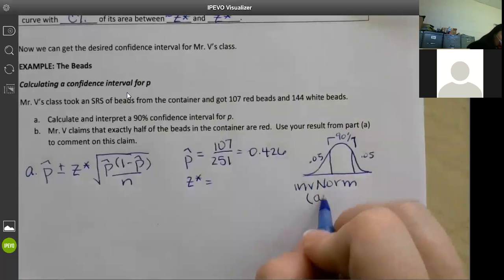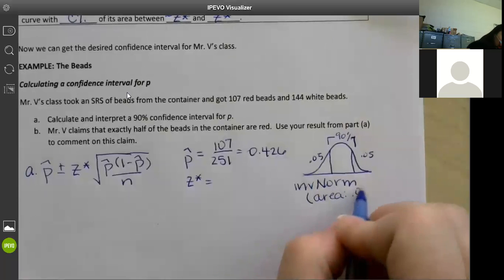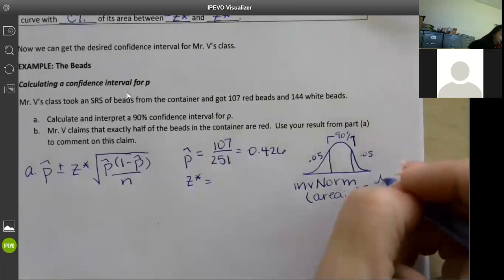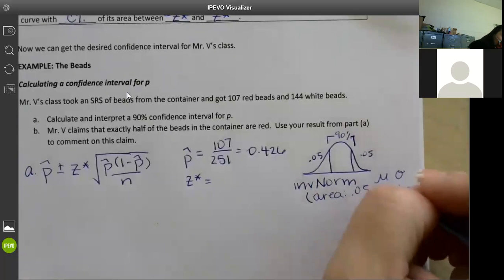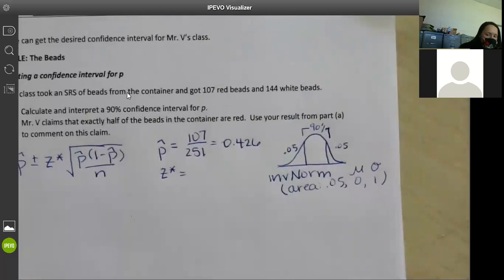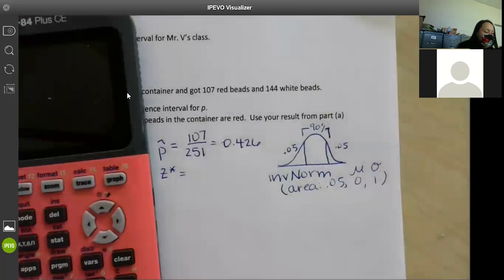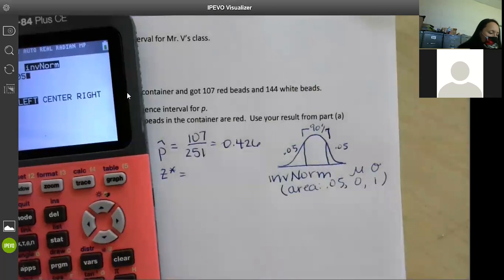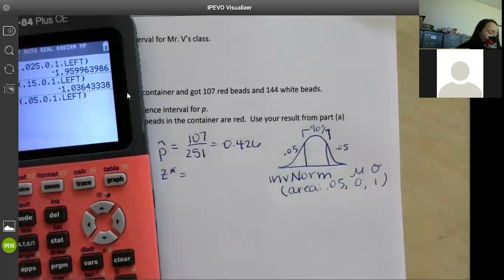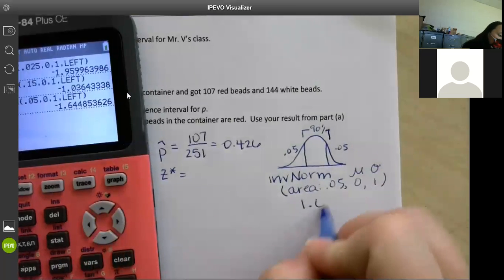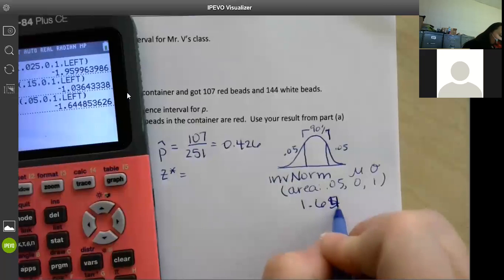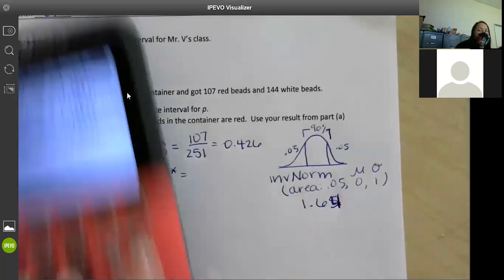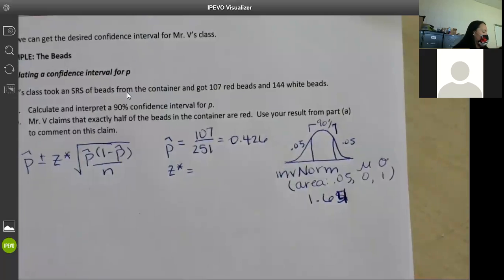Our area is 0.05, our mean is 0, and our standard deviation is 1. Sorry, 1.645 is from the table. And again, I'll show you guys how to do that. So Z star is 1.64.